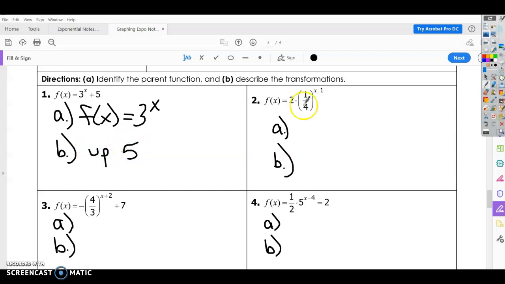Number 2, our parent function is 1/4 to the x. So f of x equals 1/4 to the x power. And for this one, we have a 2 out front, which is a vertical stretch.